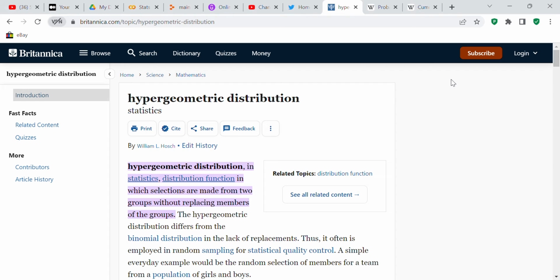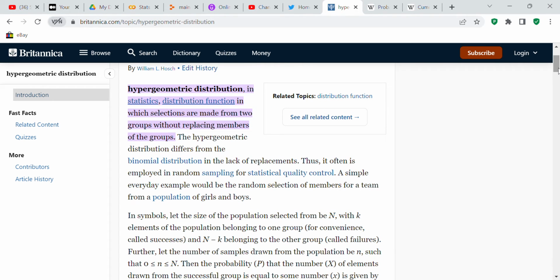So what we're going to be talking about today is the hypergeometric distribution, and so we'll just talk about what it is. In statistics, the hypergeometric distribution is a distribution function in which selections are made from two groups without replacing members of the groups. The hypergeometric distribution differs from the binomial distribution in the lack of replacements.